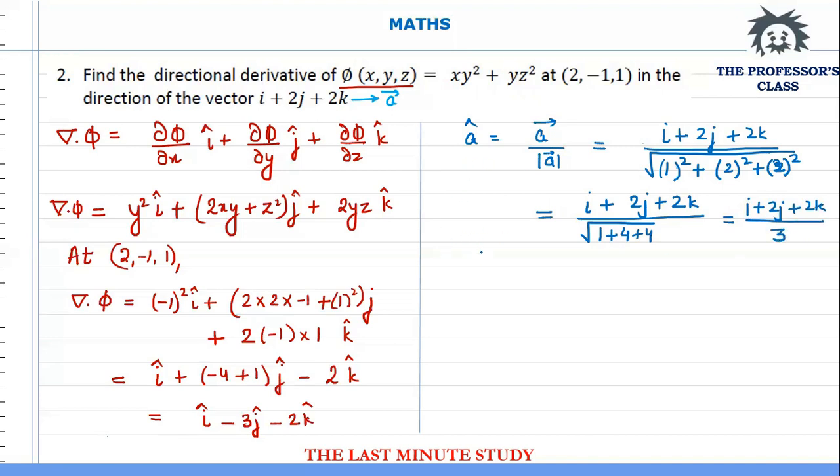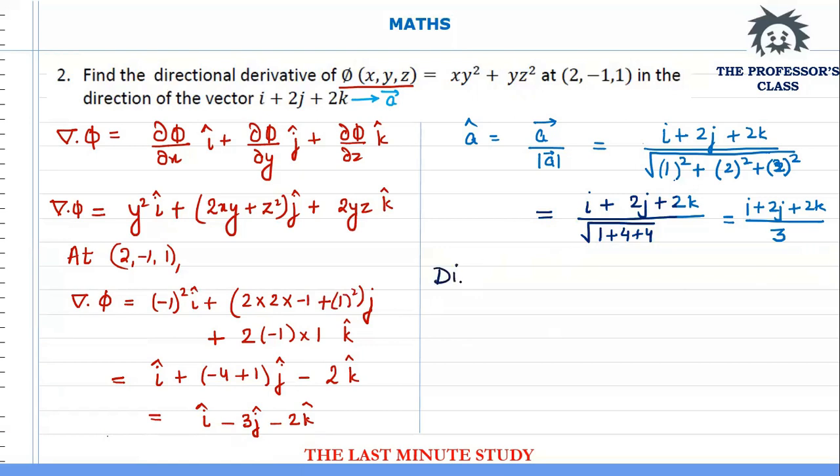Now in order to find out the directional derivative in this particular direction of unit vector a, we can simply take the dot product of this gradient, that is i minus 3j minus 2k, with the unit vector that we have obtained.